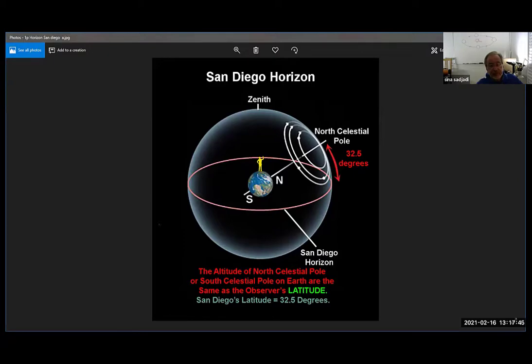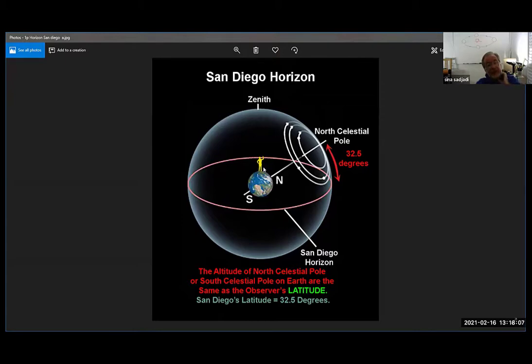Now, question. Can anybody guess how many degrees above horizon zenith is? Okay, listen to my question one more time, please.